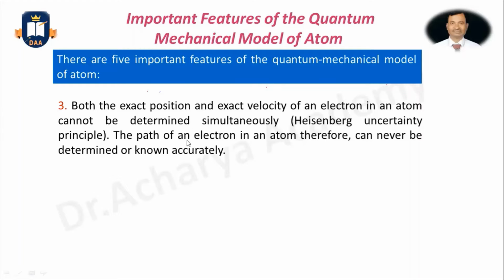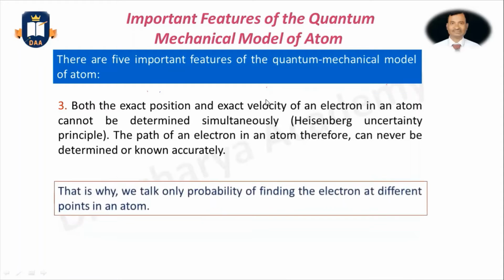The path of an electron in an atom therefore can never be determined or known accurately. It is very clear from the Heisenberg uncertainty principle.